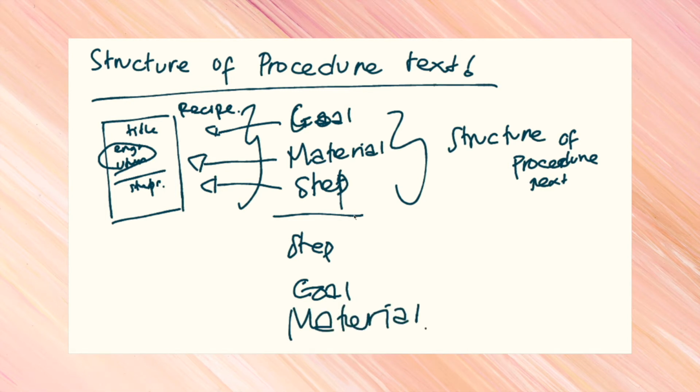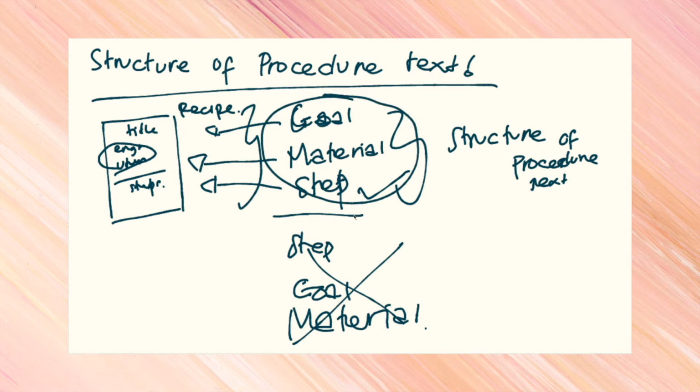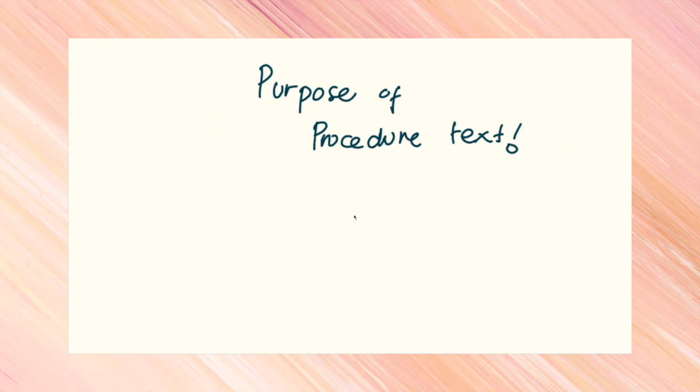I mean, that could work, but not all people will understand it because it doesn't make any sense. So, this is the correct order for you to write procedure text. It is a must. You have to do it this way. On to the next part.